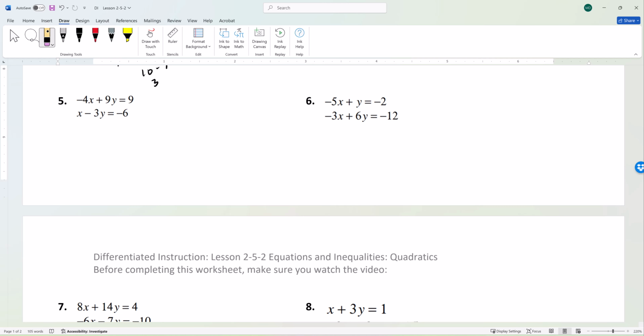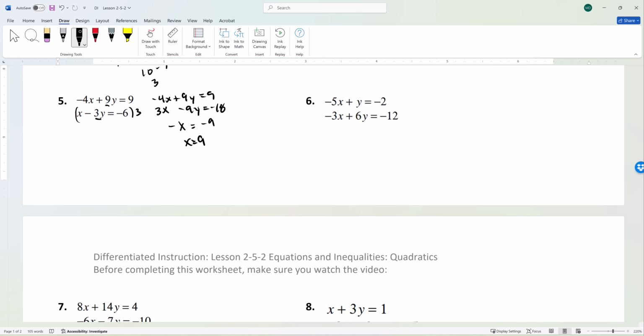Now for this one, you could also do the elimination method. It's easy for me to make the y's here opposites of each other. All I have to do is multiply this equation by 3. And so now rewriting the equations, now if I add them together to create my new equation, -4 and 3 give me -x. 9 and -18, that's going to give me -9, and so x equals 9.